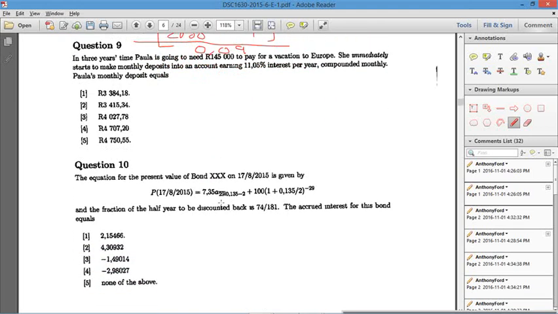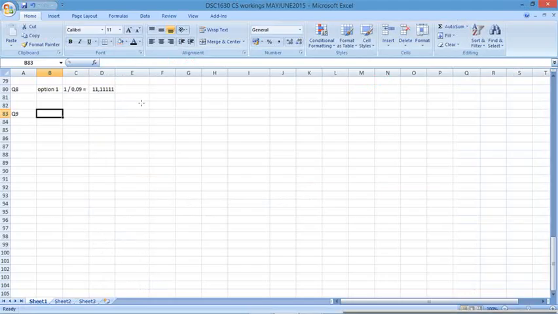Alright, question 9. In 3 years' time, Paula is going to need 145 to pay for a vacation. She immediately starts to make monthly deposits. There's the key, the deposit, so this is the annuity, and immediately that's begin mode. Earning 11.5% interest, compounded monthly, so months and months. They want to know what the payment is. So nice and simple, solve for the payment. Identify the variables, then solve. Remember to change your calculator from end mode to begin.